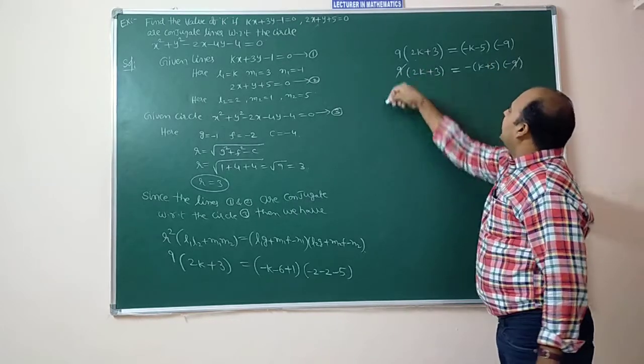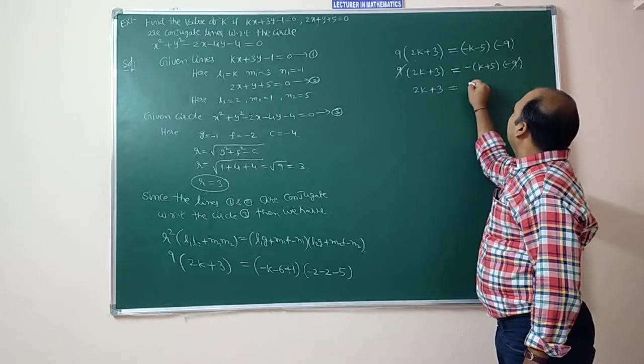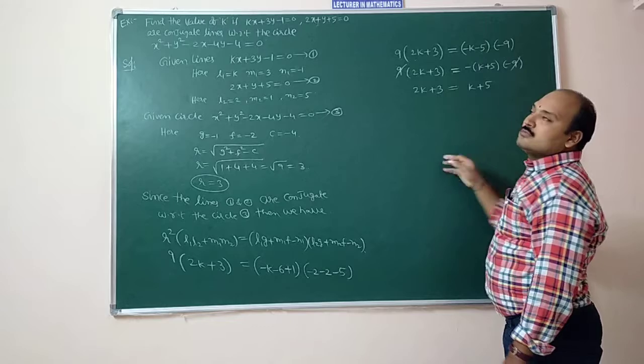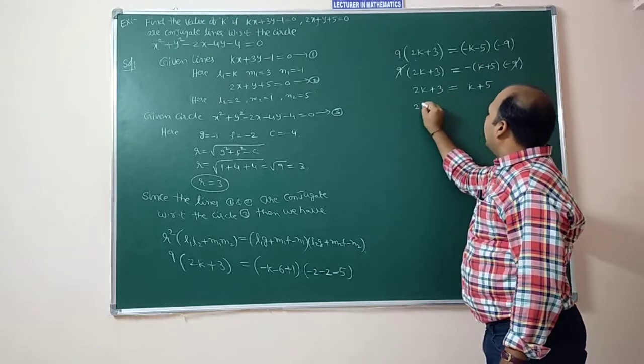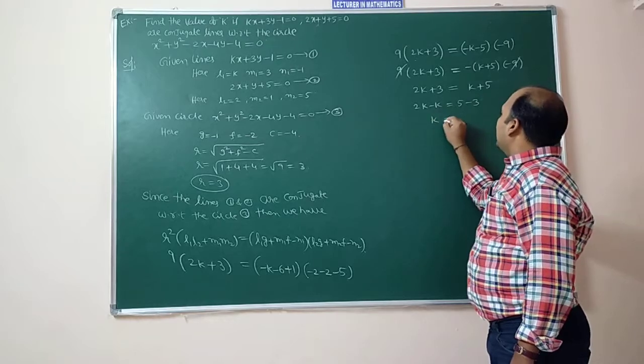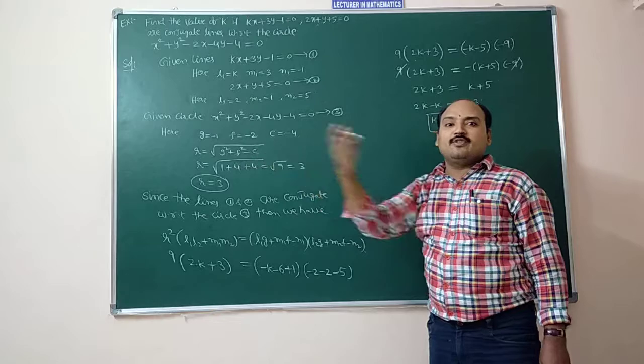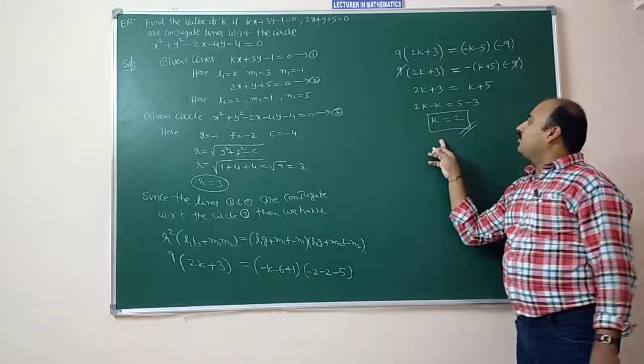So here 9 gets cancelled, minus into minus is plus, 2k plus 3 is equal to k plus 5. So we can take k to this side and 3 to that side: 2k minus k is equal to 5 minus 3. So k is equal to 2. Therefore, since the given lines are conjugate with respect to the circle, the value of k is 2.